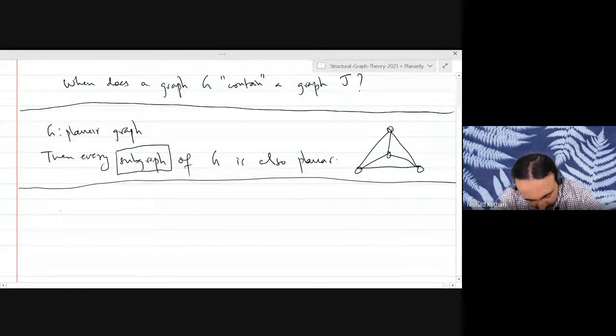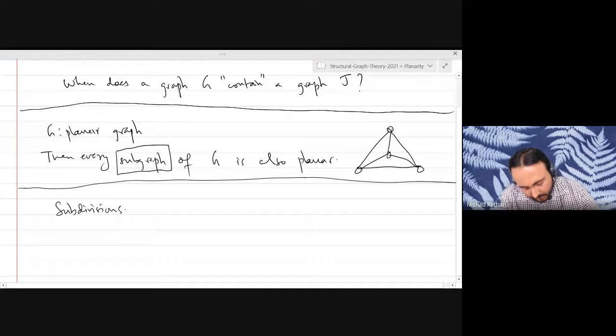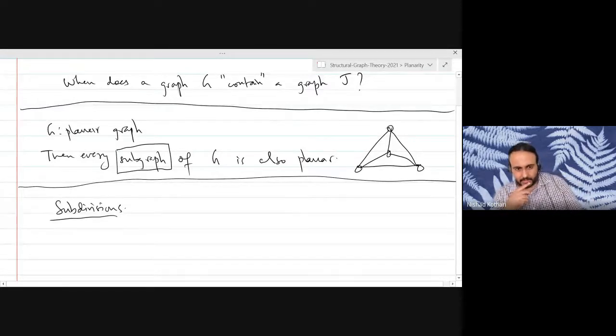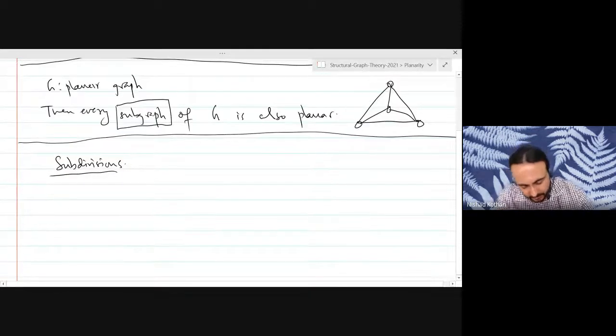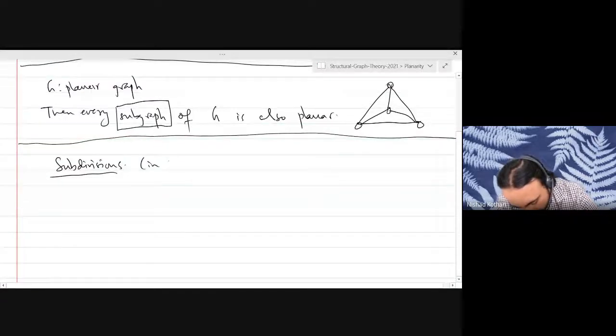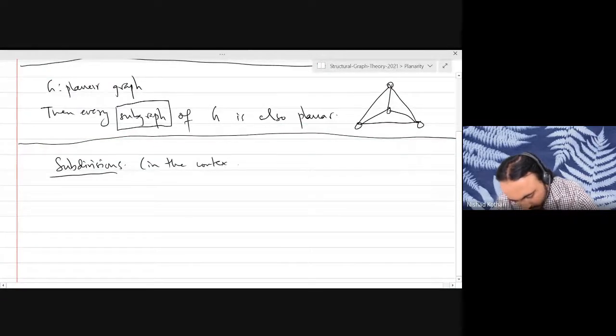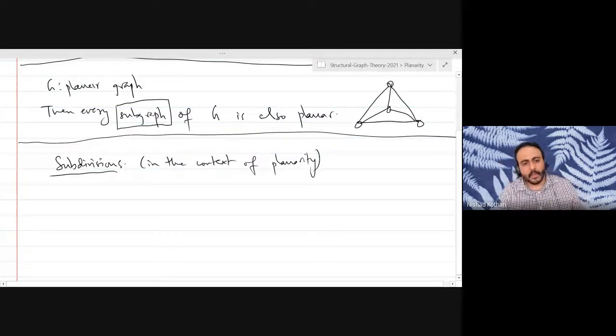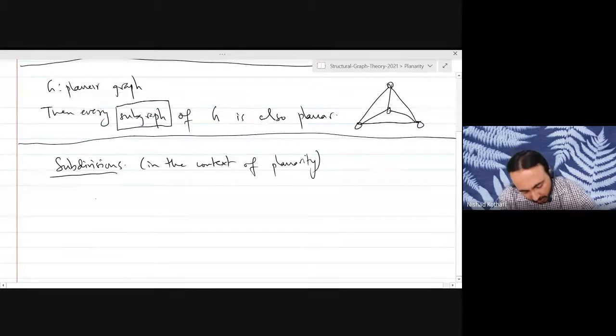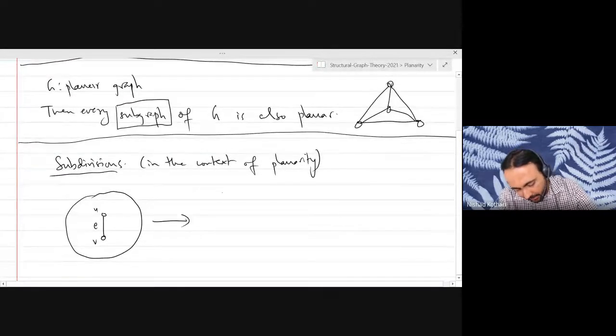Then we talked about subdivisions at some point. You might recall we talked about subdivisions when we were talking about non-separable graphs. So I want to talk about subdivisions again in the context of planarity. Okay. So what is subdivision? We define one operation. You have an edge e = uv, and you subdivide it.